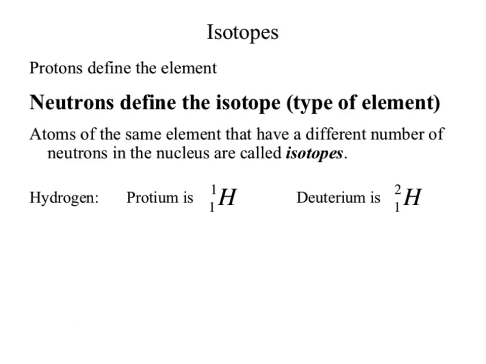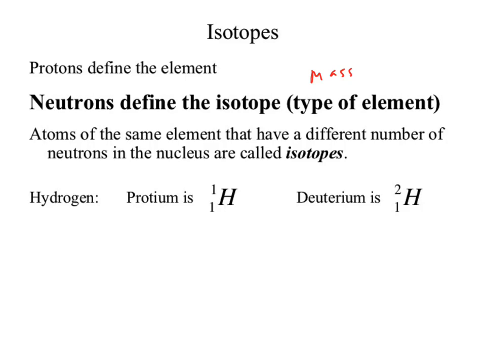Wow, okay. So isotope, what is an isotope? Remember, protons define the element, and then we said neutrons define the mass. I will notice here I'm saying the isotope, and we're also saying here the type of element. It is also the mass of our element. What does that mean?